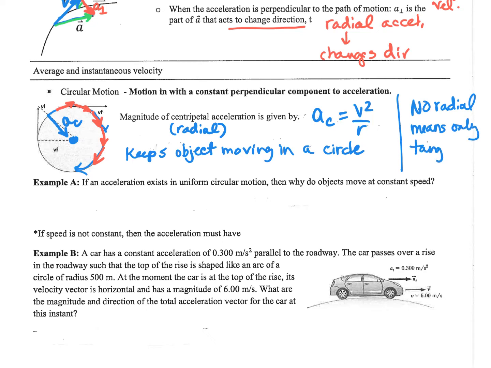It means you only have tangential, and this thing that was moving in a circle suddenly just keeps going. So it had radial acceleration, and now it has no centripetal acceleration. So it just keeps going. All right. So now, answer the question for me.